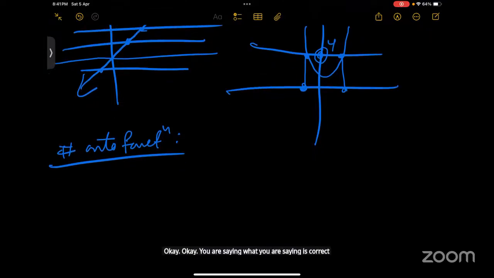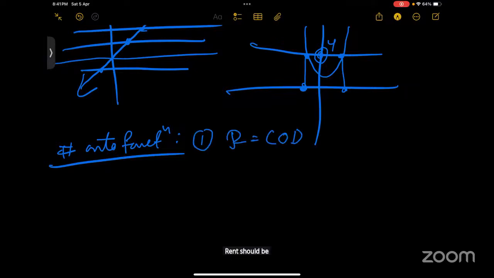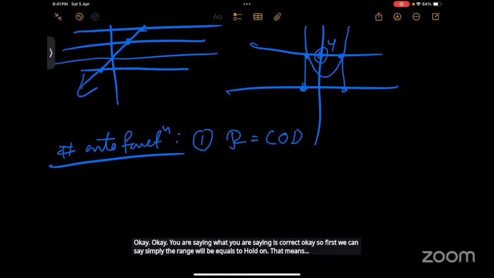So simply, the range will be equal to the codomain. That means all the elements in the codomain should have a pre-image.